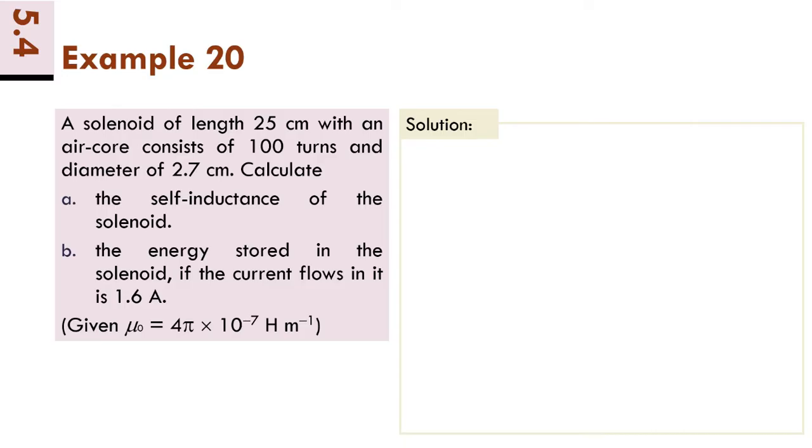Alright, a solenoid of length 25 centimeter with an air core consists of 100 turns and diameter 2.7 centimeter. The current is 20 A. Determine the self-inductance.